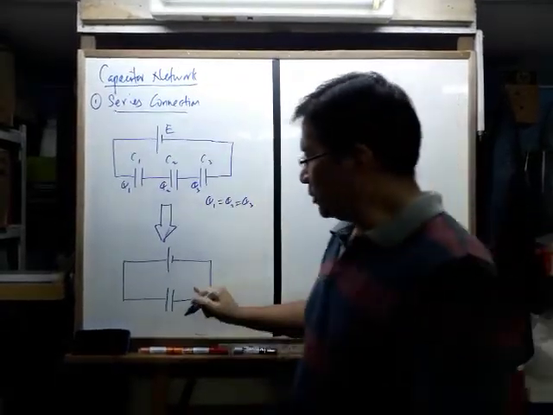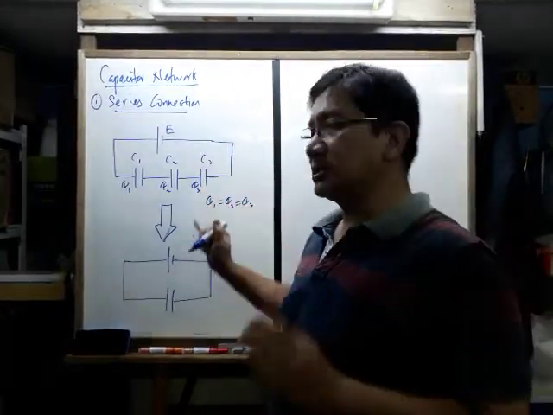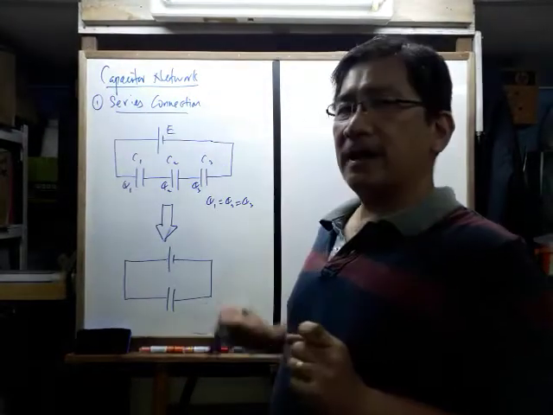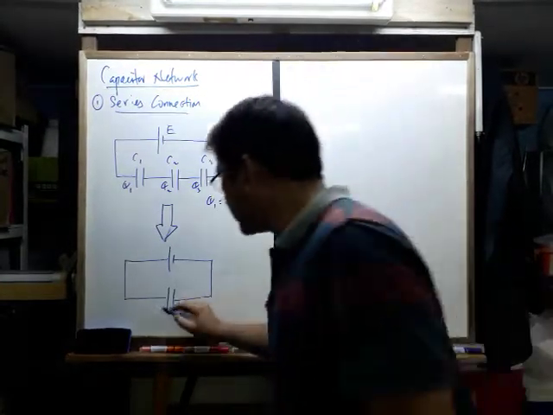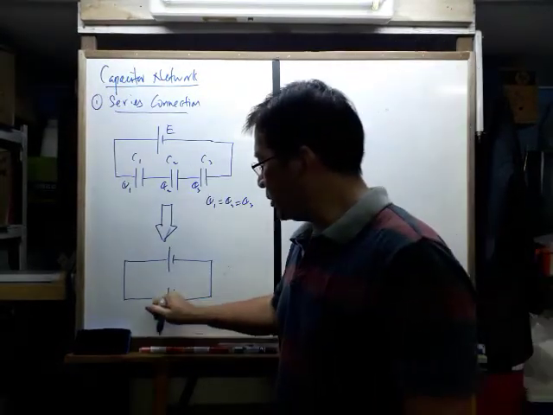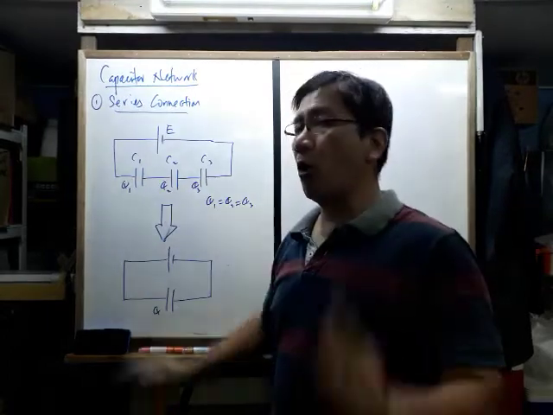If you want a new circuit to function the same as before, there is something that must stay the same. In this case, the charge must be the same. I'll call this one Q. This Q must be the same as the one that passed through all of them.